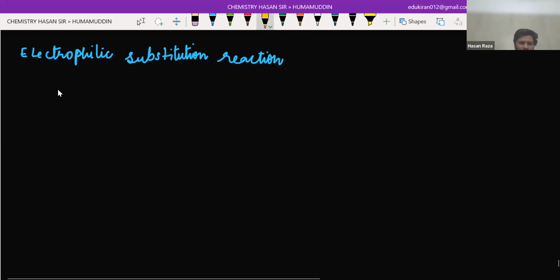So please tell me, will you be able to draw the resonating structure of this? Let's say this is your X. You know this X will have lone pair. So will you be able to draw the resonating structure of all this?